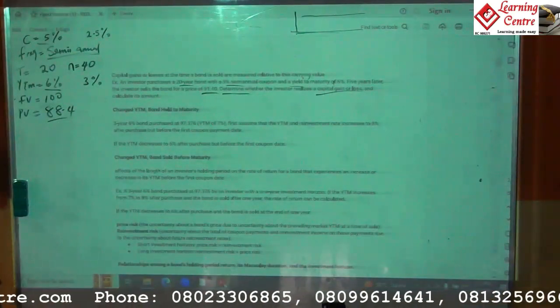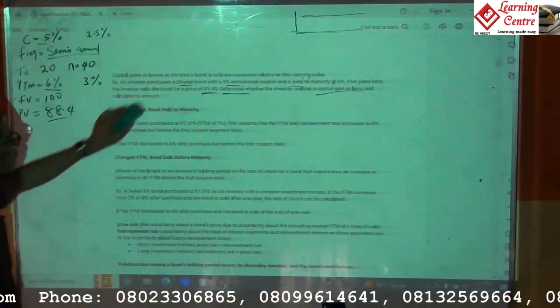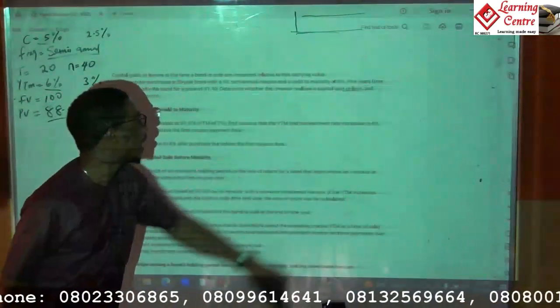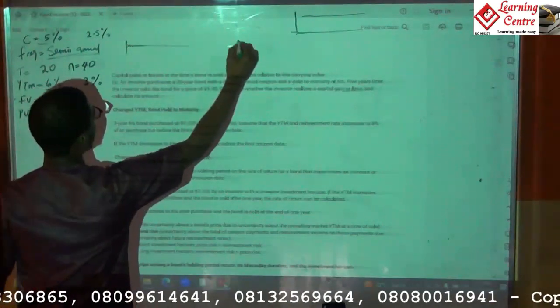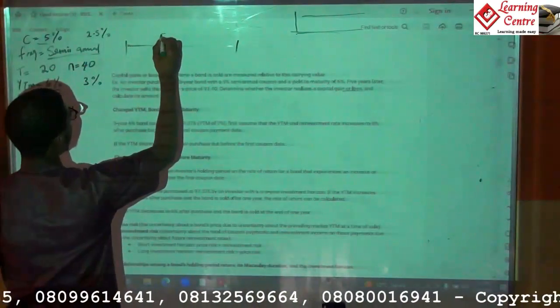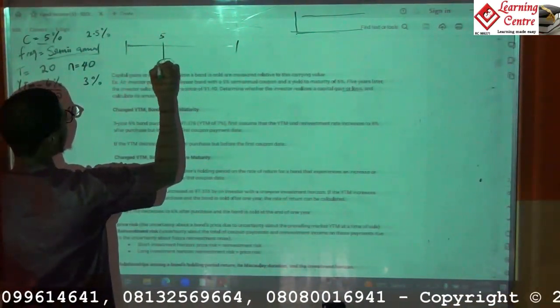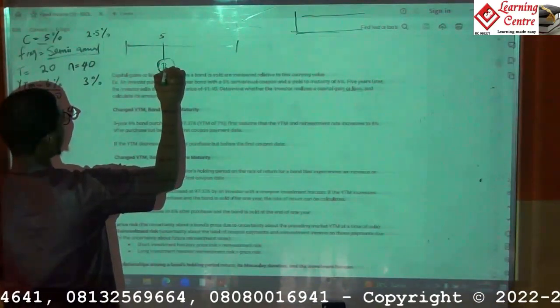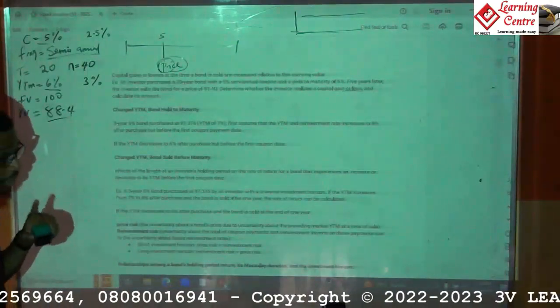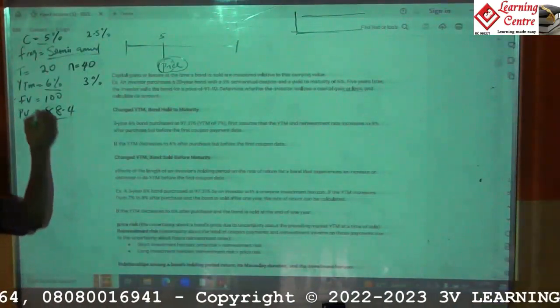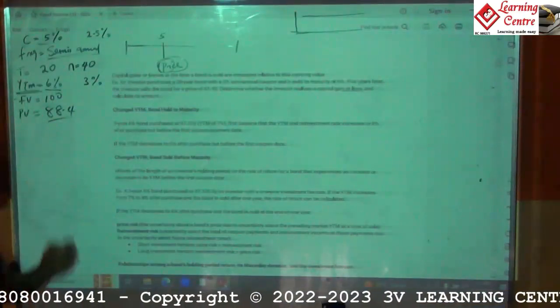Now, let us compute it and say at the end of year 5, I want to sell this bond. What will be the price I will sell the bond at? You will assume that the yield is the same.